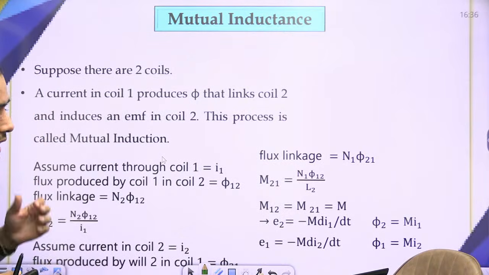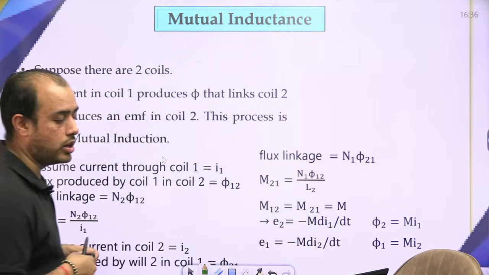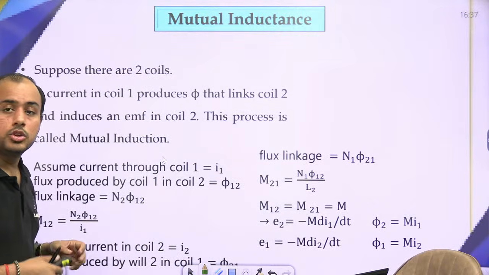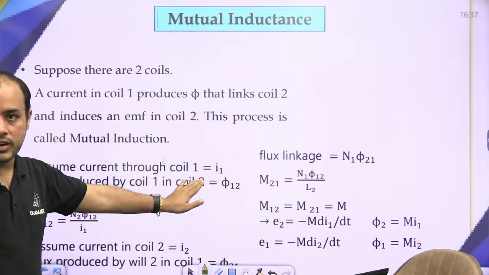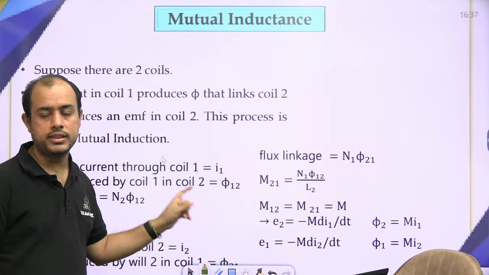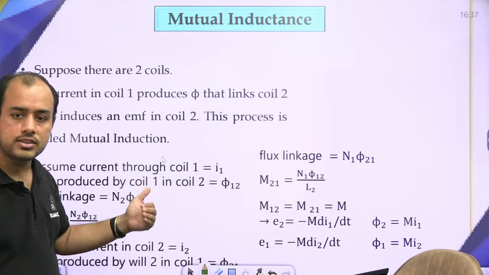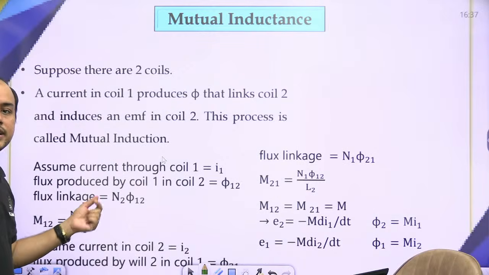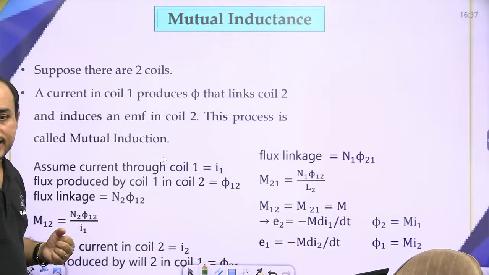So suppose current through coil 1 is I1. It produces the flux in 2, that is φ12, flux of 1 in 2. Now this flux will link with the N2 turns in the second coil.